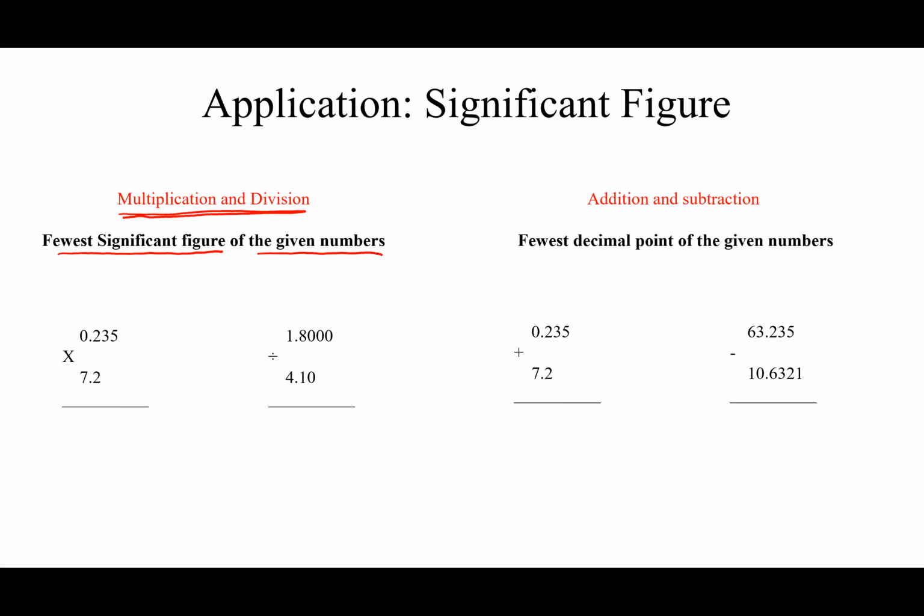For example, the first example we have here: I'm asking you to multiply 0.235 with 7.2. I'm going to give you 15 seconds. All right. Please do this multiplication and let me know what your answer is in the chat box.